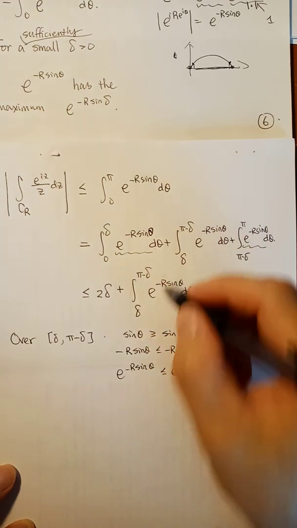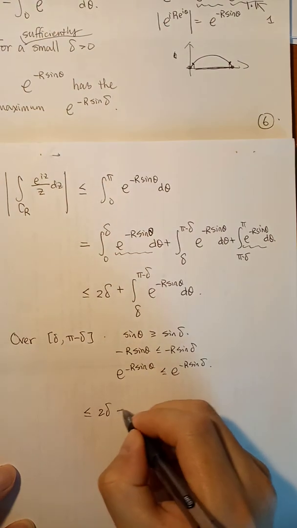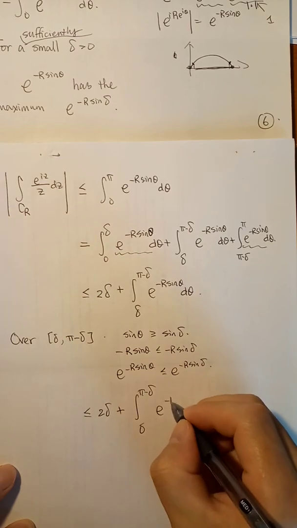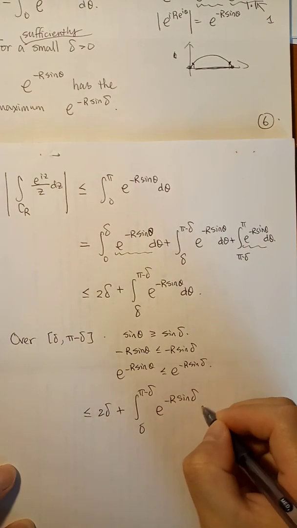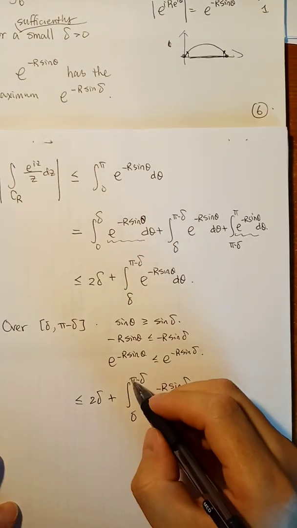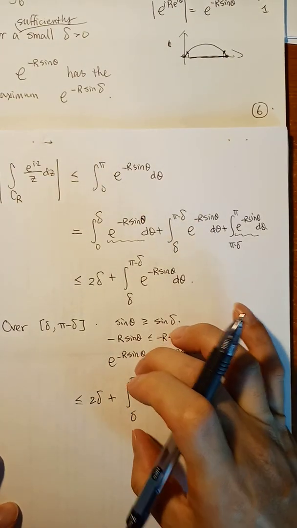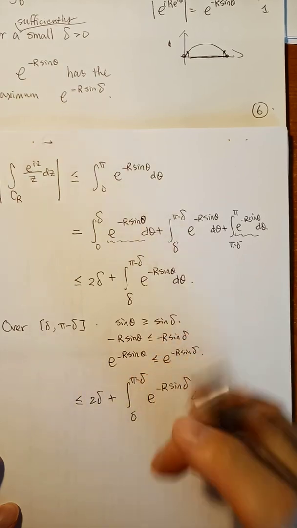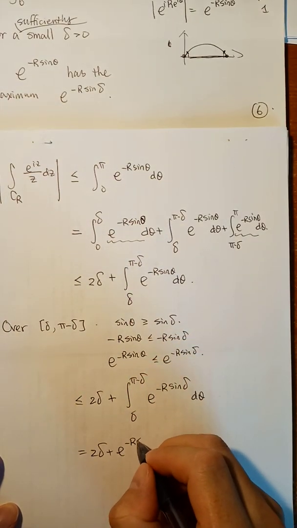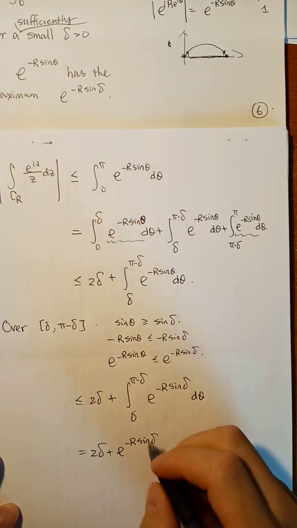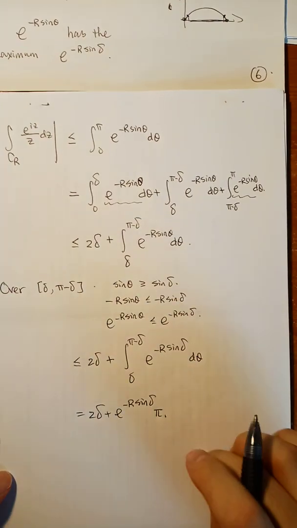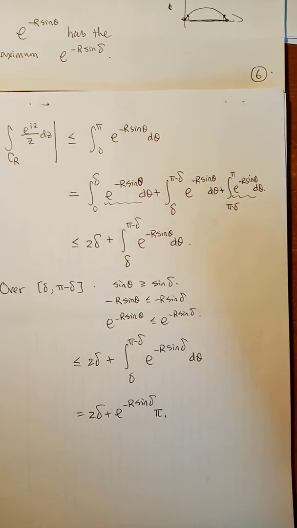You choose this constant, e to negative R sin δ, as the maximum constant, and then times π. This is π minus 2δ, which is less than π. Okay, so we have such an estimation.